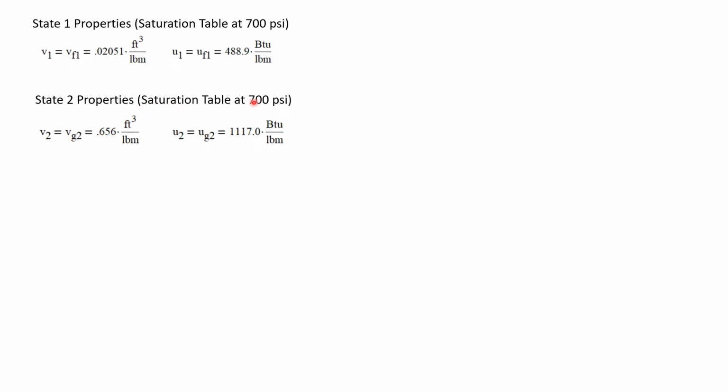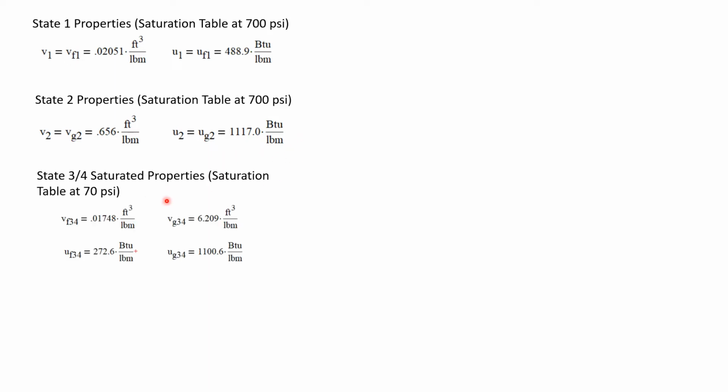Now state 2 is also at 700 psi, so we're going to use the same line in the table we used for state 1, only state 2 is a saturated vapor, not a saturated liquid. So V2 is V sub G, which is 0.656 cubic feet per pound mass. And U2 is U sub G, which is 1,117 BTUs per pound mass.